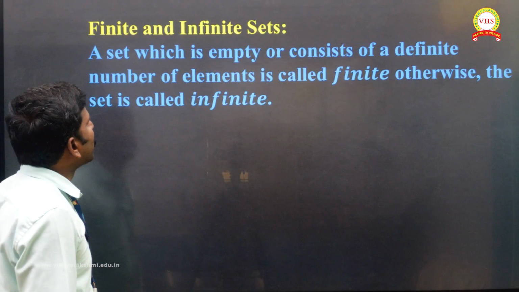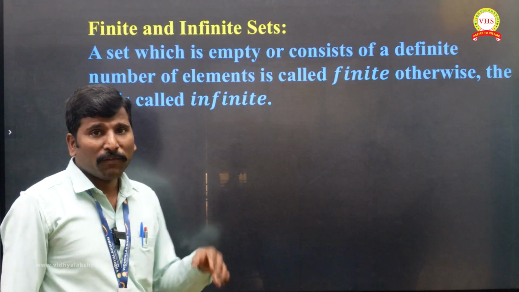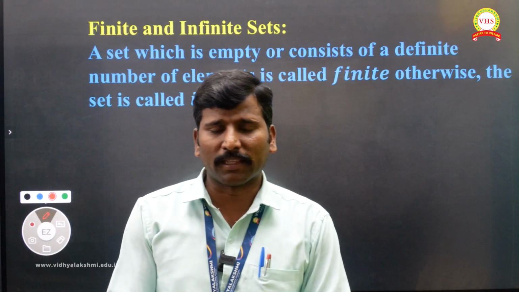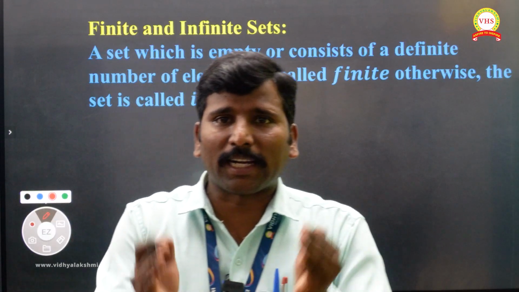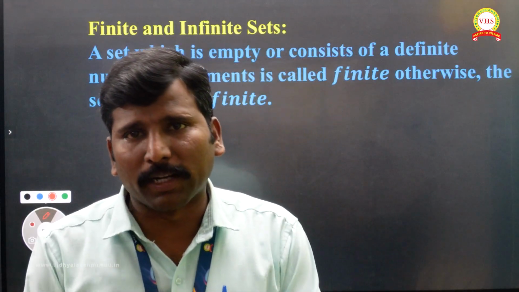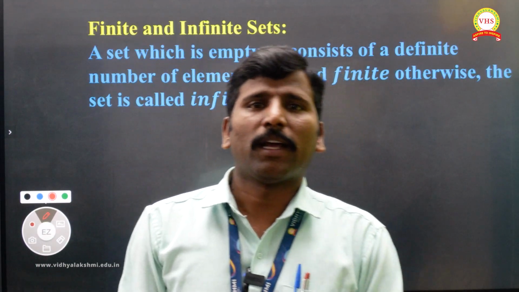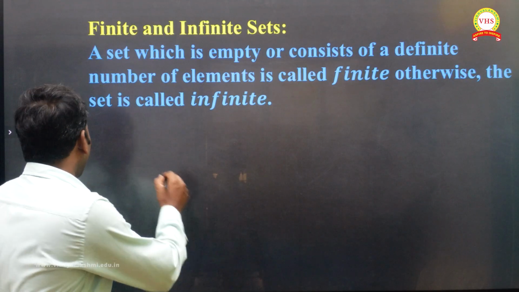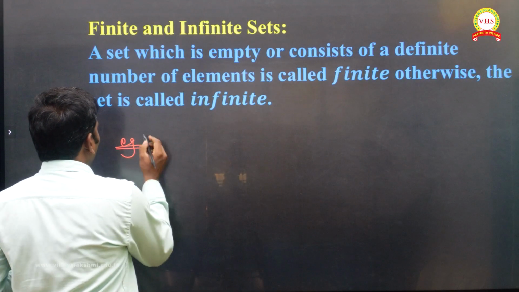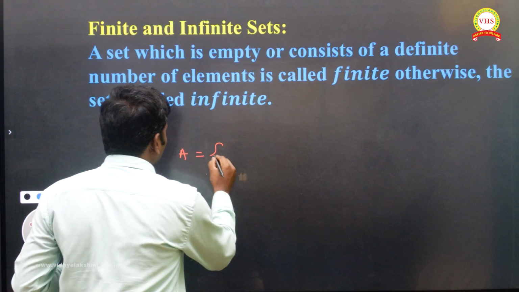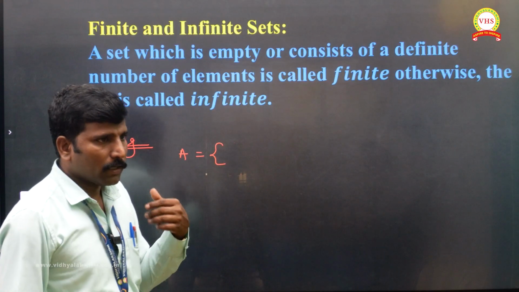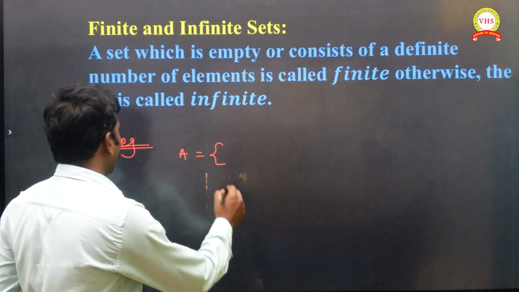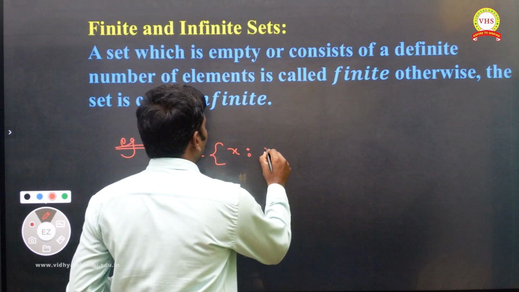Next we will go to finite set and infinite set. What does it mean? A set that contains a finite number of elements is called a finite set. Otherwise, it is called an infinite set. Example: set A is equal to, I am giving, even prime number.